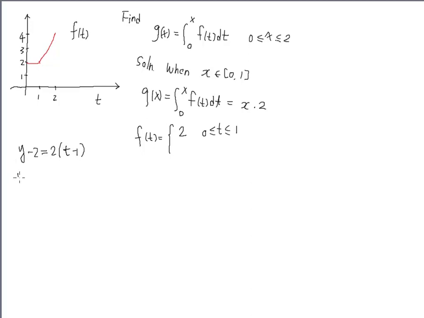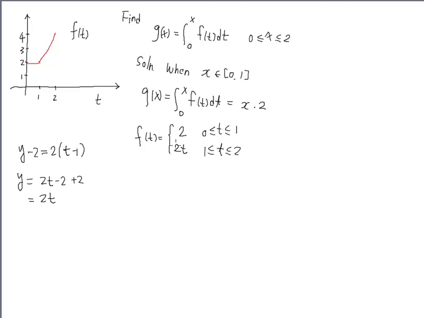Now that means y is equal to 2t minus 2, and then add 2. So really y is equal to 2t. And that's the equation for this line. So we have f of t equal to 2t if t is less than 2 and bigger than or equal to 1.